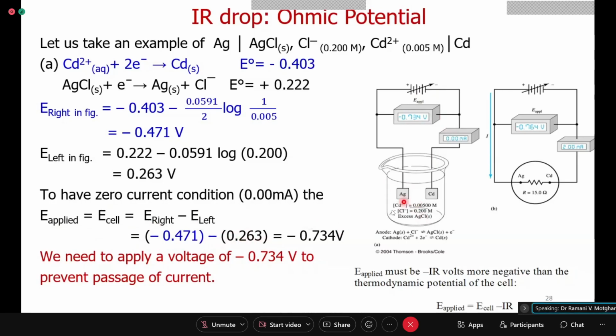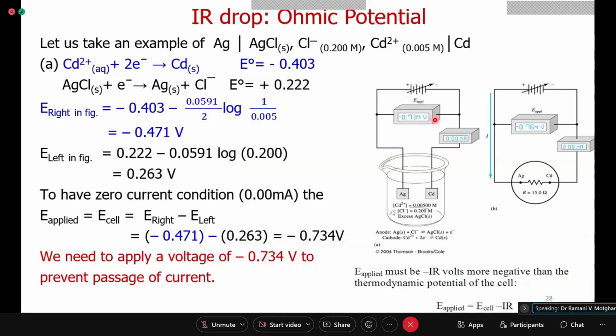We are very sure that here reduction will take place and here oxidation will take place. We want to stop that reaction completely, and that's why we are doing this calculation. So we need to apply a voltage of this. When you calculate, it comes out to be minus 0.734 volt.